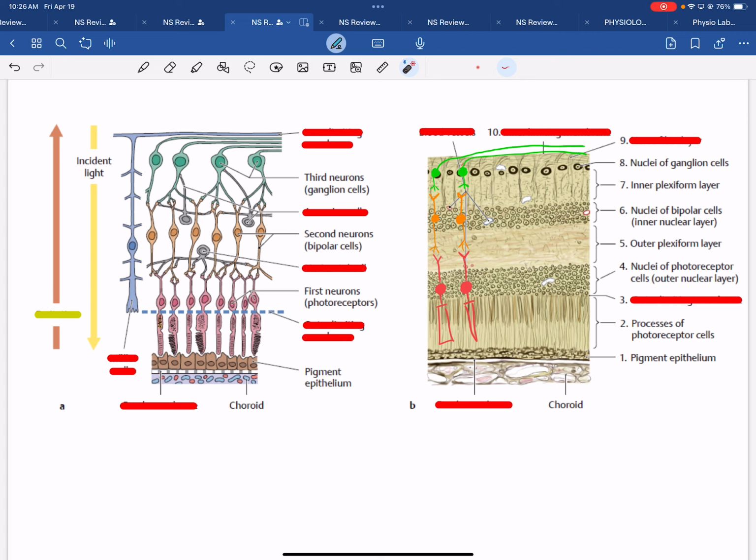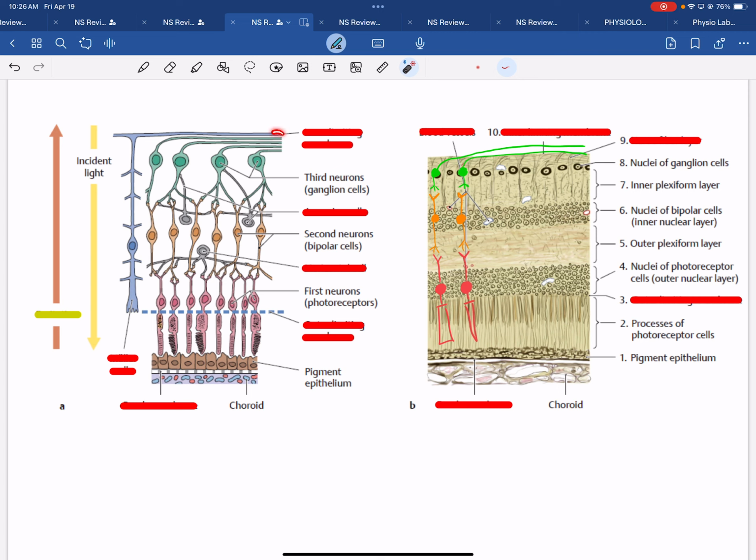These axons are going to synapse where eventually? Where does vision have to go through? It's not olfaction, so it must go through the what? The thalamus, good.